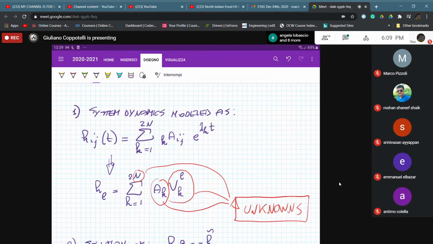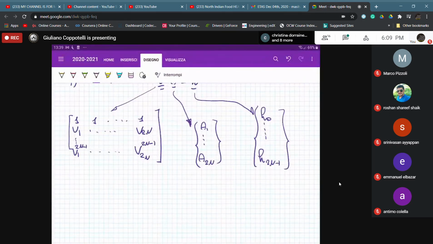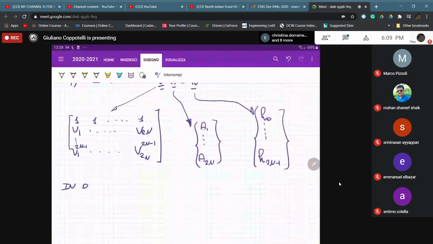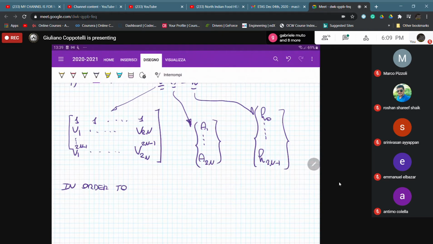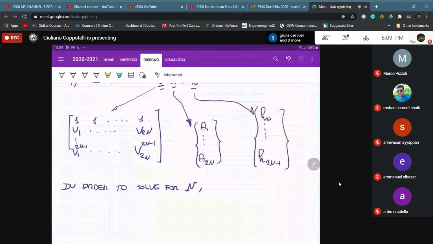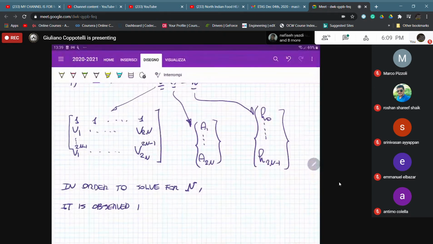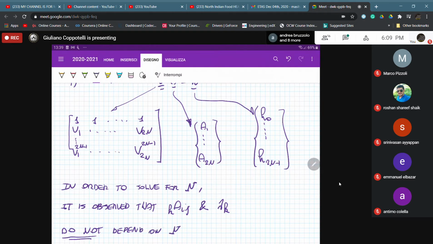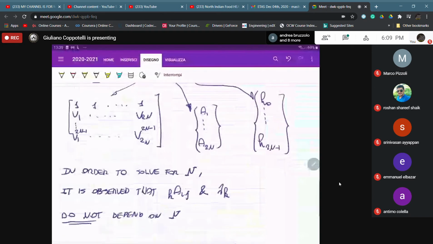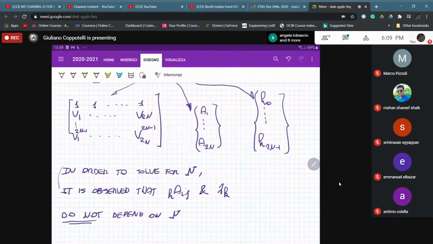So what I can say is that, in order to solve for n, it is observed that Aijk and lambda k do not depend on n, okay, but on the summation index k.